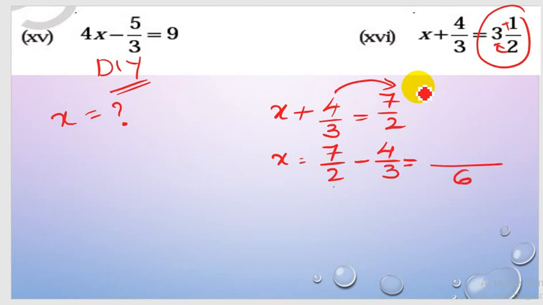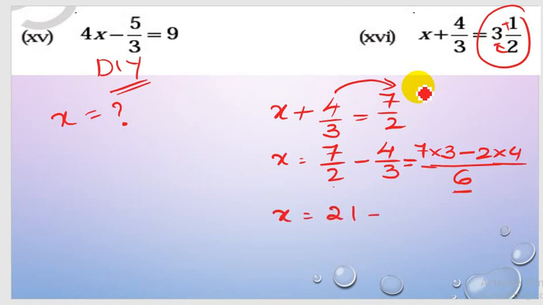So LCM of 2 and 3, since 2 and 3 are prime numbers, their LCM will be nothing but the product of their numbers. Whenever you are having the denominator as product of the numbers, then directly you can cross multiply the terms. So what I am going to get? 7 into 3 minus 2 into 4.